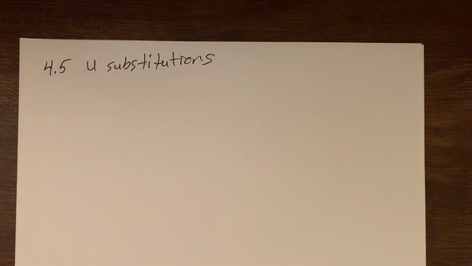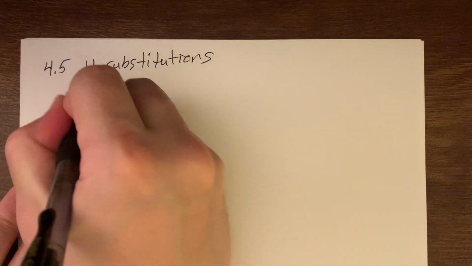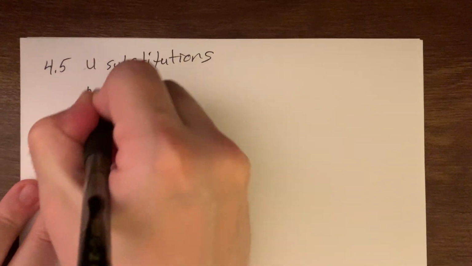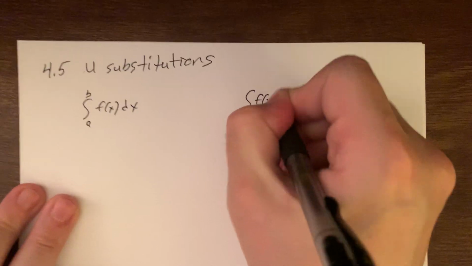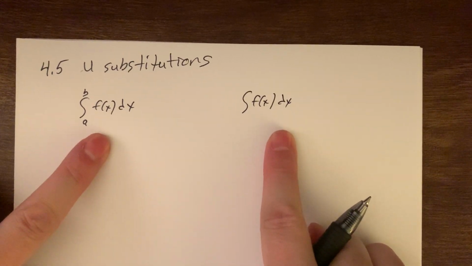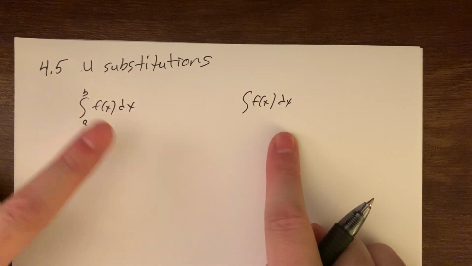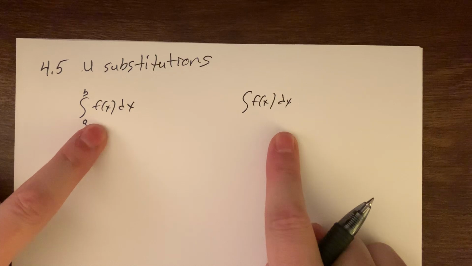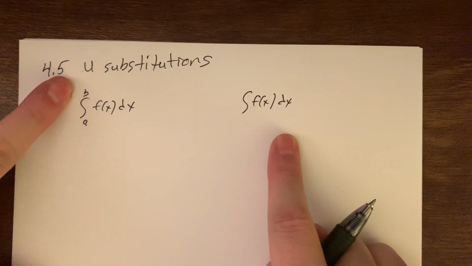Just before I jump into the idea and how we use it, I want to take one moment to go back and point out that we will use this technique for both definite and indefinite integrals. I want to remind us of the big picture: if it's a definite integral, it tells us to find the area under this function from x equals a to x equals b.